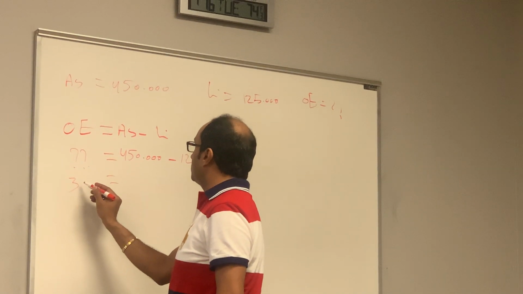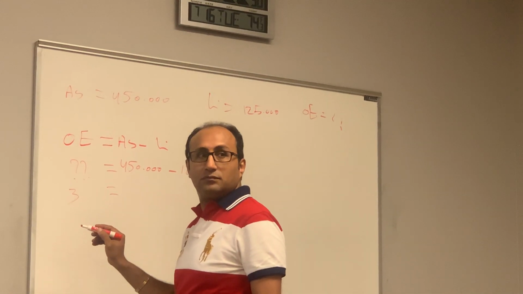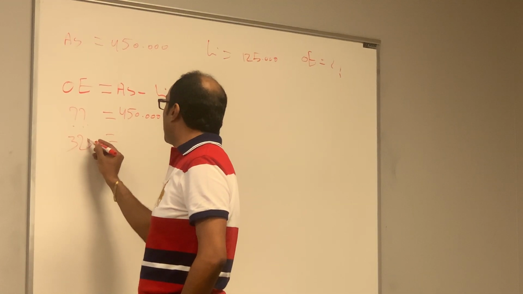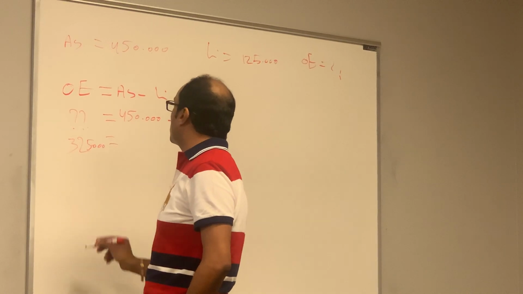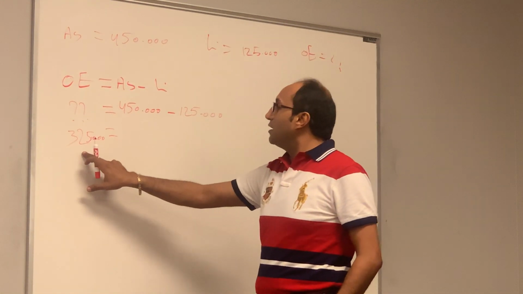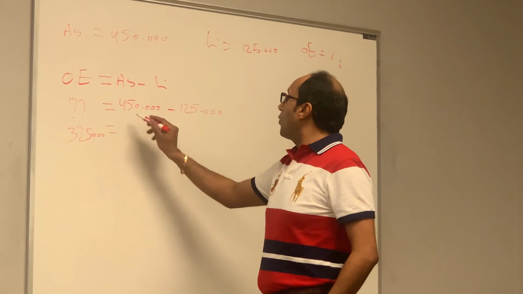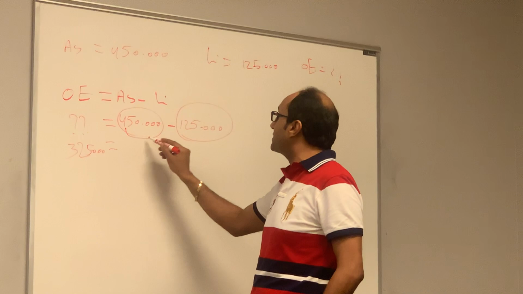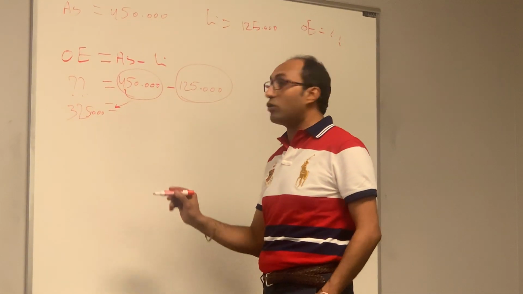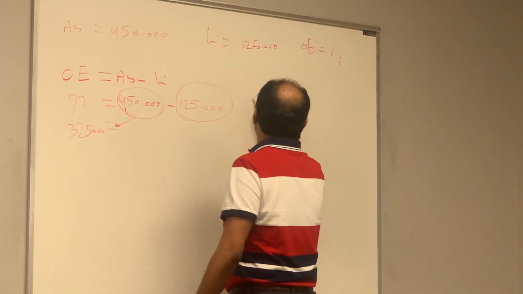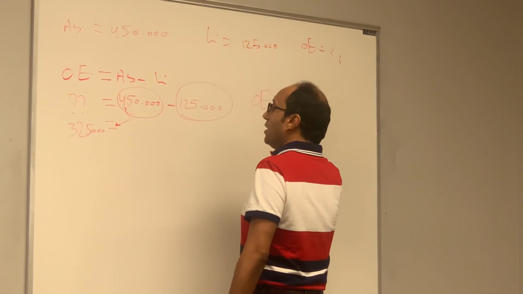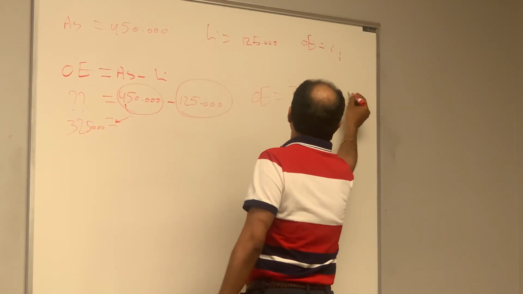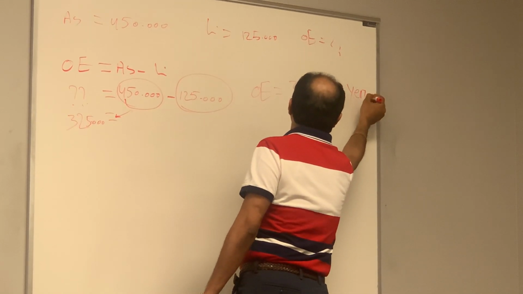Sorry, it's 325. Yes, $325,000. We subtract liabilities from assets, which gives us the owner equity. So the owner equity for year one, or the current year, is $325,000.